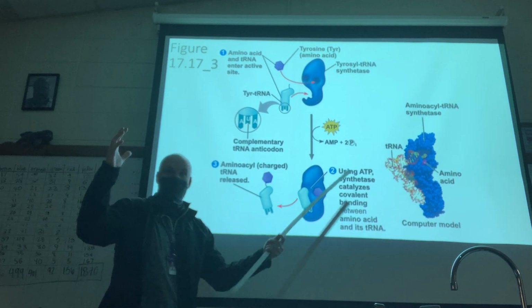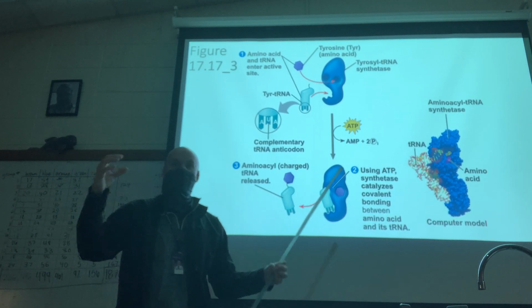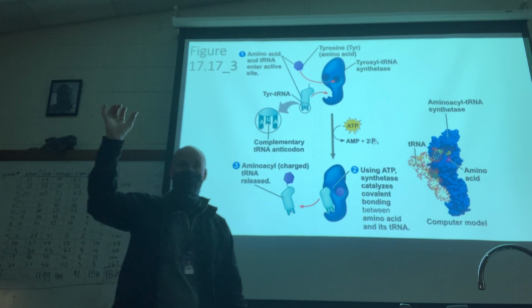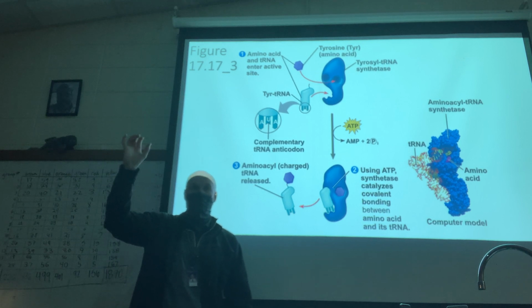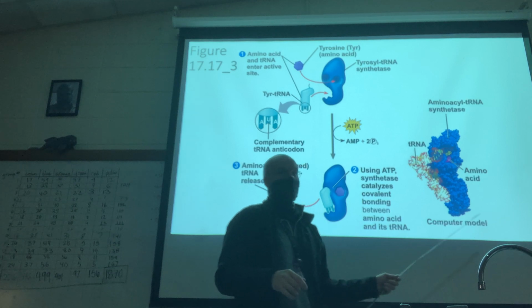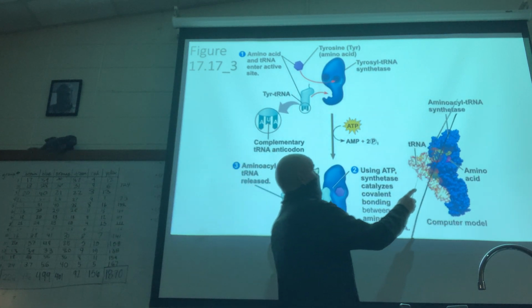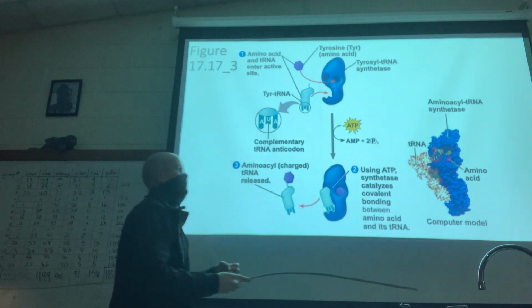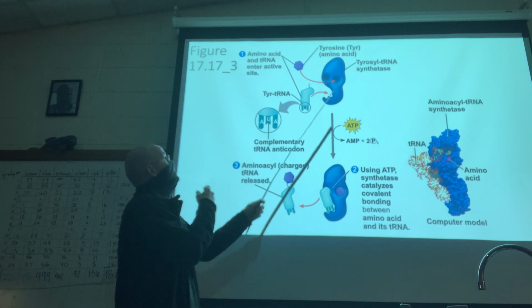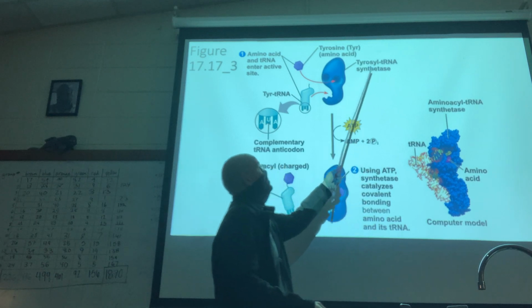So it's this enzyme that matches anticodon to amino acid, and then the correct tRNA is going to be carrying the correct amino acid. Now, like I said, this is a family of enzymes. So when you do your reading, they will talk about these aminoacyl tRNA synthetases, but they will also use a specific name, like in this case, tyrosyl tRNA synthetase.